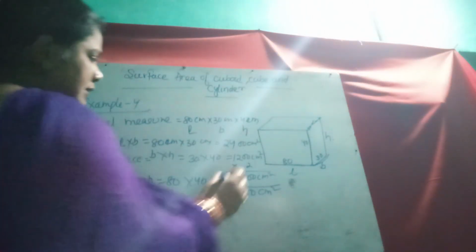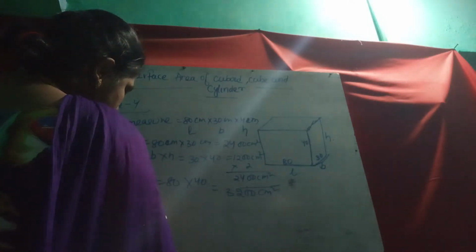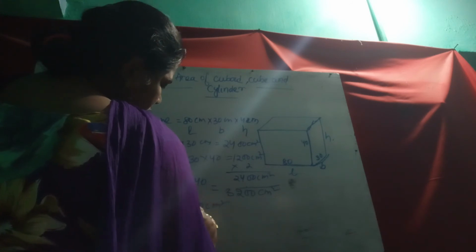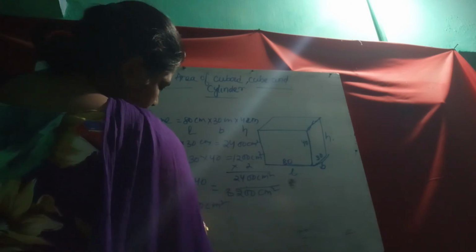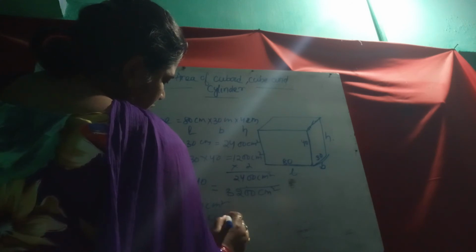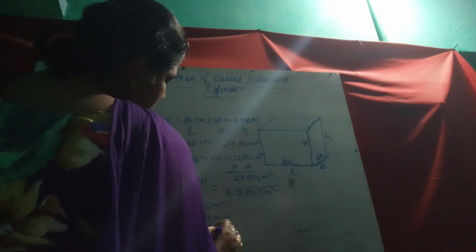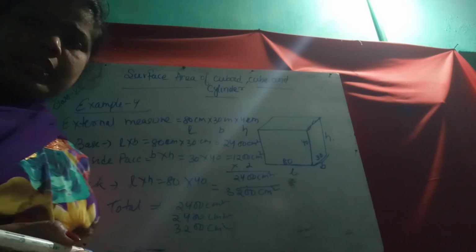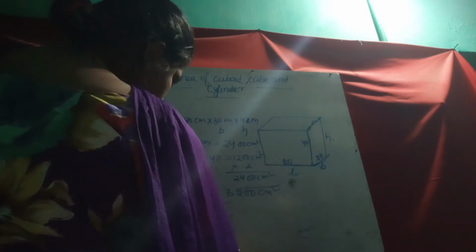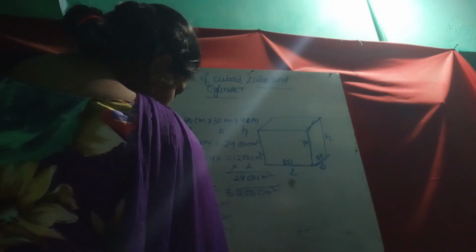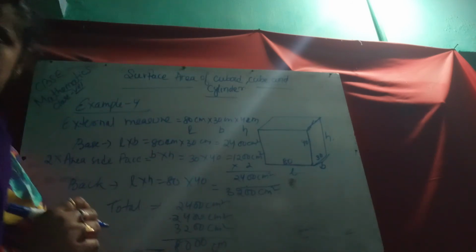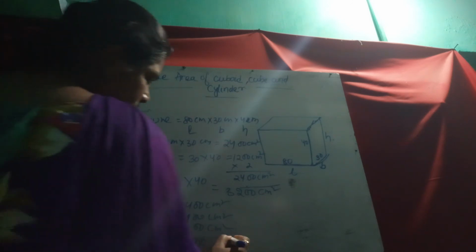Now add these for the total paper needed: 2400 cm square plus 2400 cm square plus 3200 cm square. So a total of 8000 cm square of paper is needed.